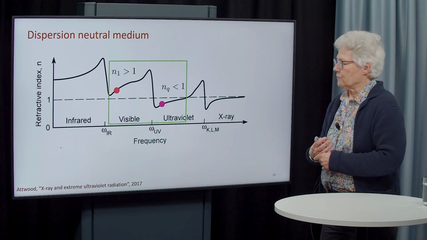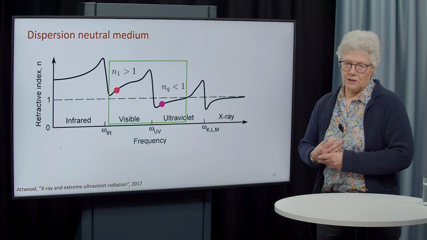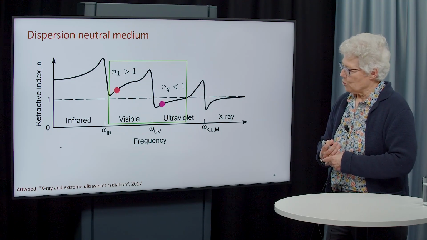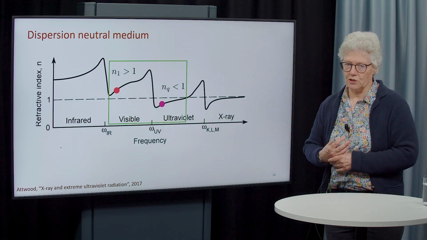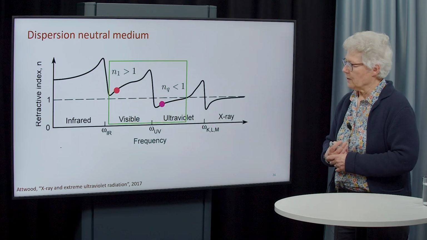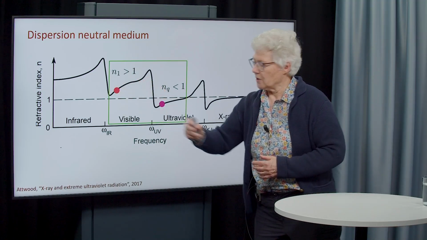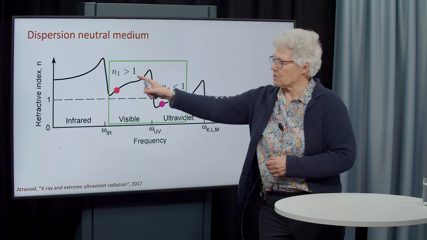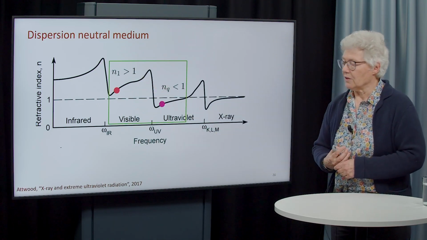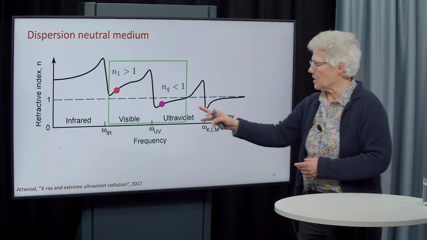The contribution of the neutral atoms can be illustrated by this plot showing the refractive index as a function of frequency over a very large range. The refractive index for the laser that we used in the visible or near infrared is always larger than 1, while the refractive index for the harmonics that we generate is less than 1.